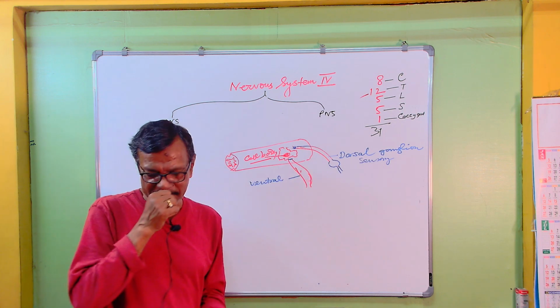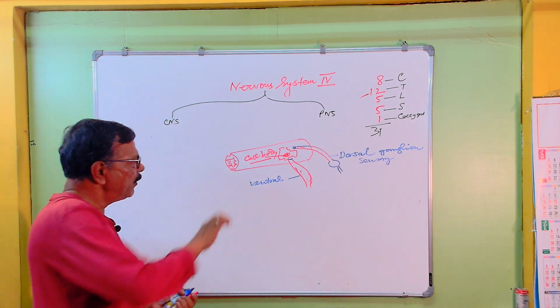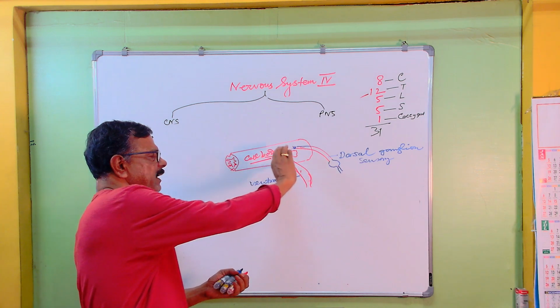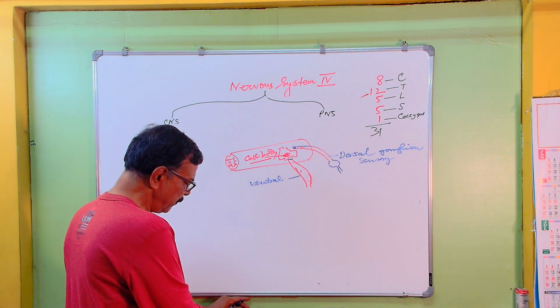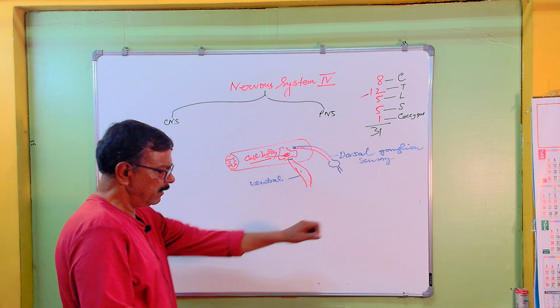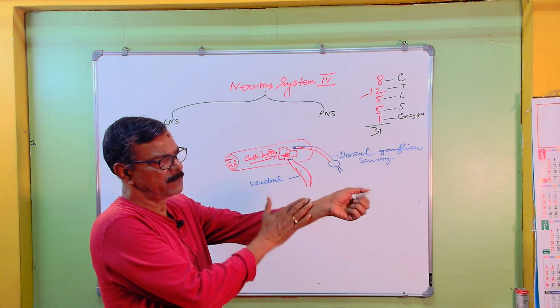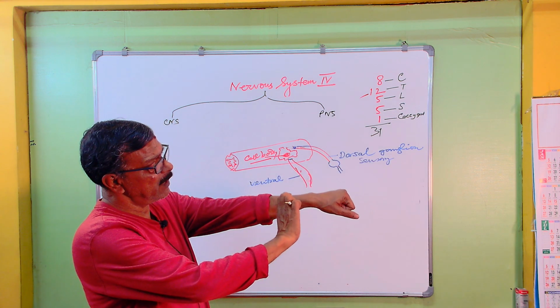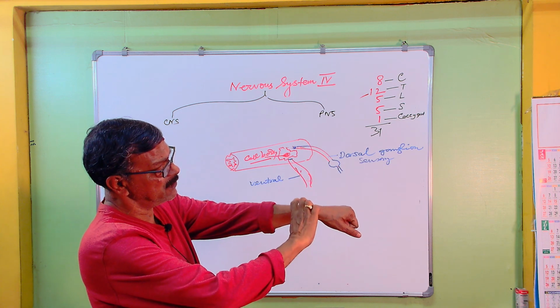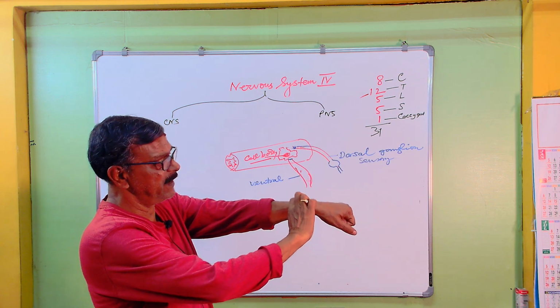Now the problem comes, something different. Suppose this is the spinal cord. We have two roots here, the dorsal root and the ventral root.